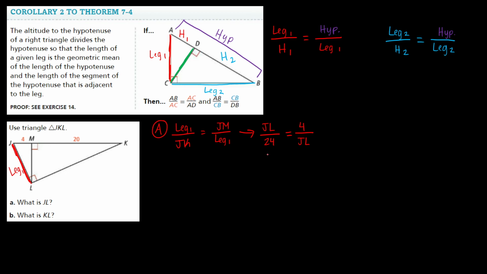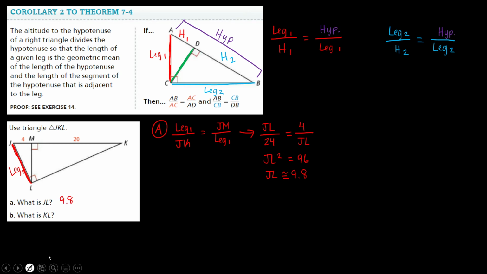Cross multiply. So JL squared is equal to 4 times 24, which is 96. And so when I take the square root of both sides, I get JL is approximately, let's say to the nearest tenth, 9.8. So I know JL is 9.8.